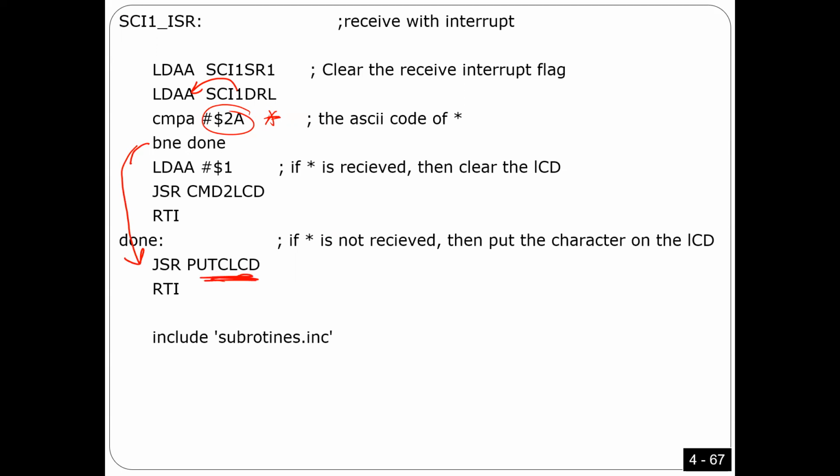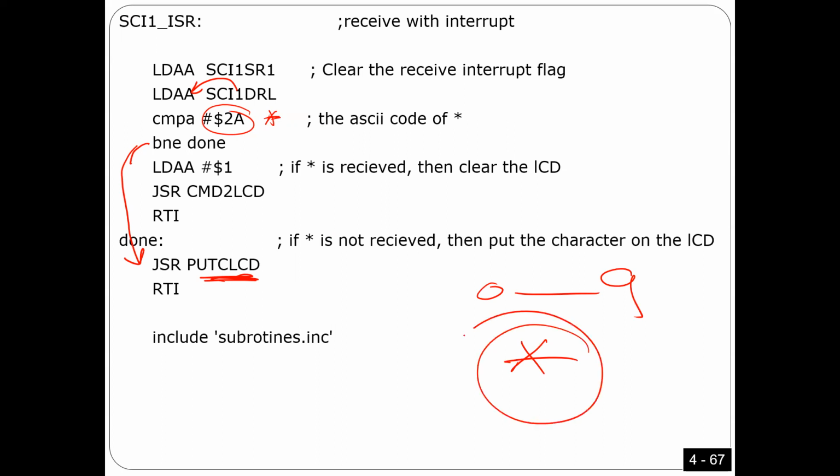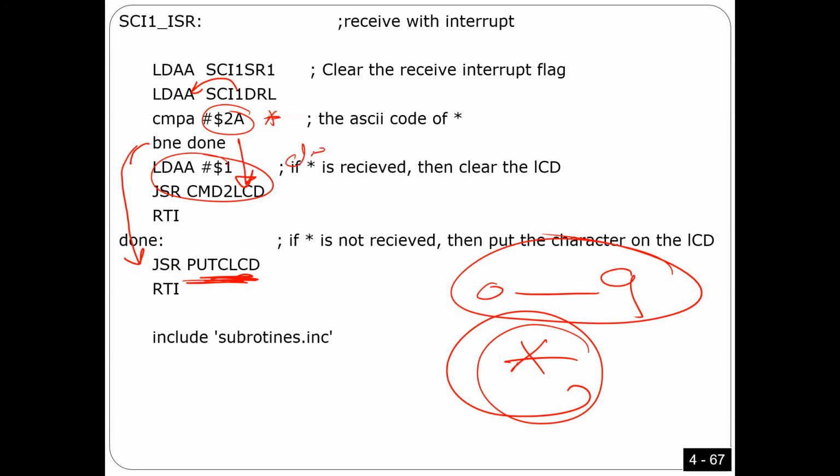I'm assuming what I receive from the other side is either a number from 0 to 9 or an asterisk. If it is not an asterisk, it should be a number from 0 to 9, and I have to display the number. However, if you send me an asterisk, I come this way to clear the LCD, and then display the number. That's it. Is that okay, guys?